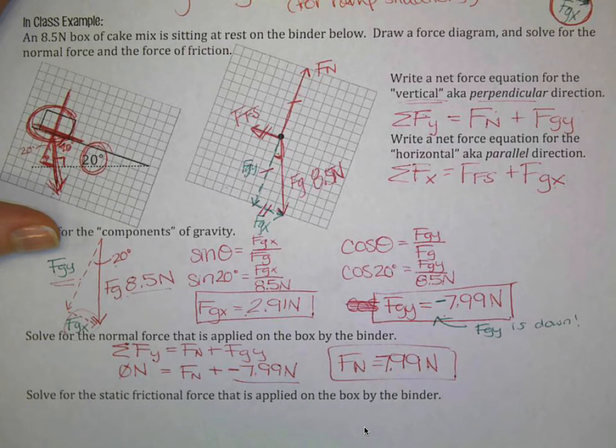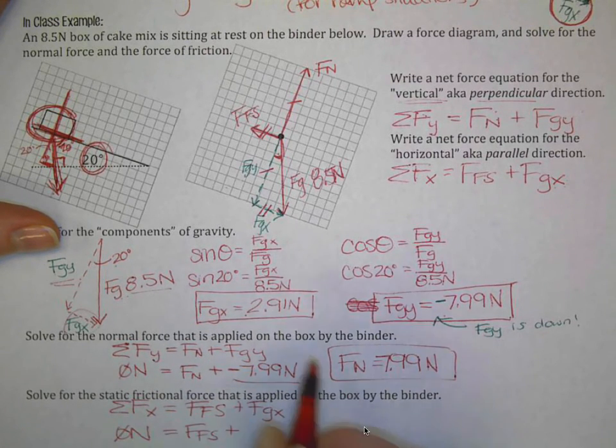The next question says solve for the static frictional force. I have my net force equation in the x direction, FFS plus FGX. Again, I'm not accelerating. I'm looking for my static friction, and I know my component of gravity in the horizontal direction was 2.91 newtons.